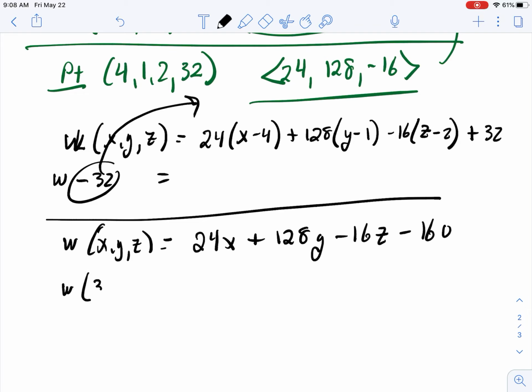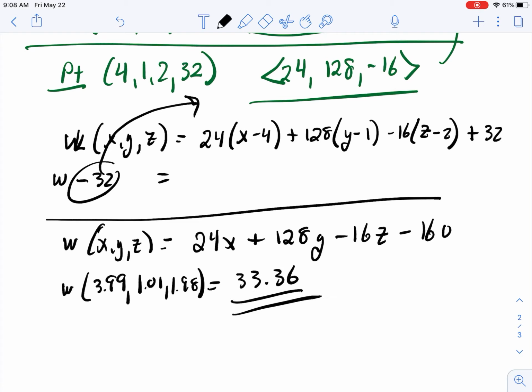And like I said, if I plug in 3.99, 1.01, and 1.98, I would get 33.36. So could I do this with more variables? Yeah, it doesn't matter how many you use, you just keep adding variables to it.